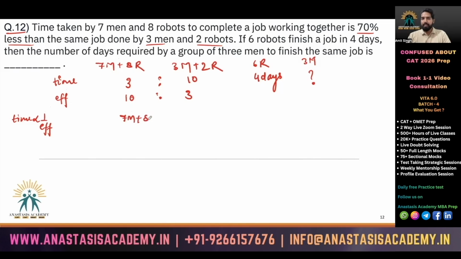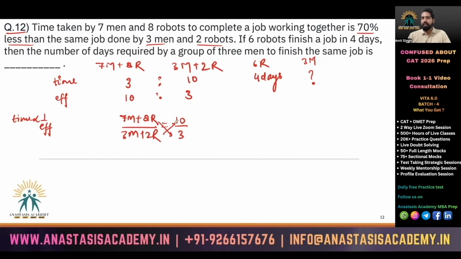Like 7m plus 8r for this team. The efficiency I'm assuming for every man is m units per day and r units per day for each robot. So it would be 3m plus 2r for the second team, and these efficiencies are in the ratio 10:3.